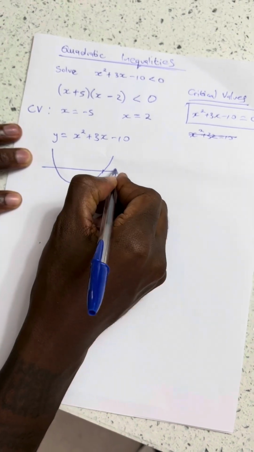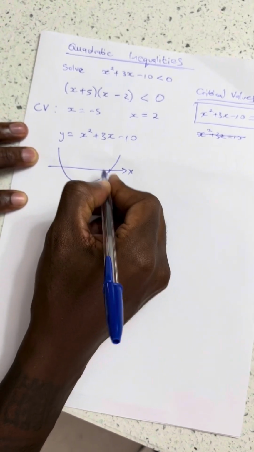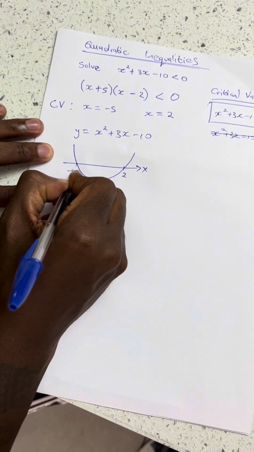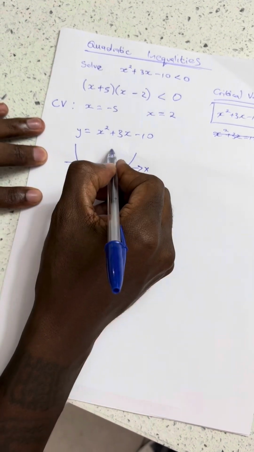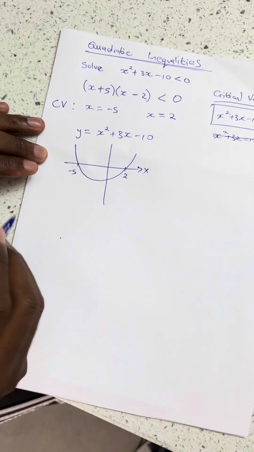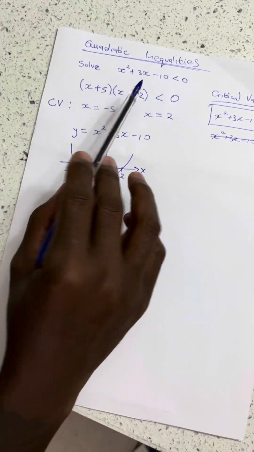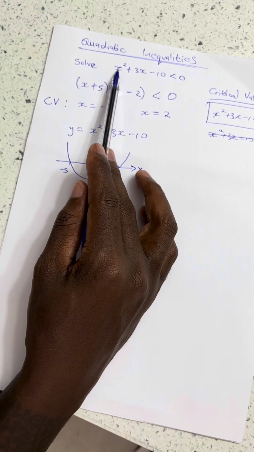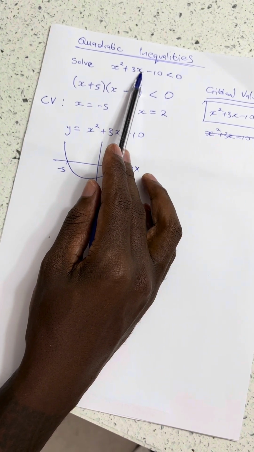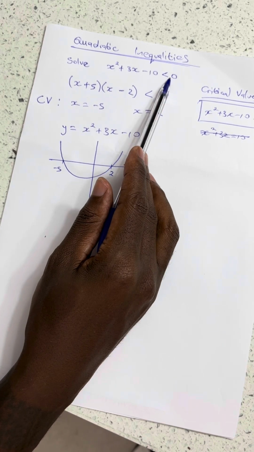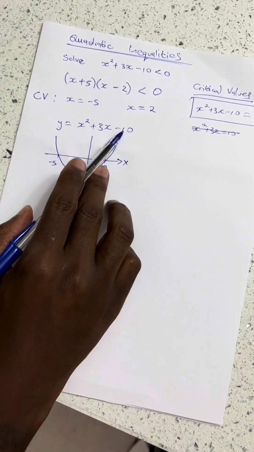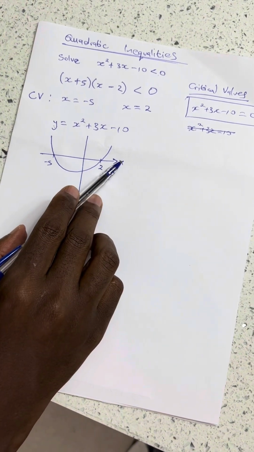It would cross the x-axis at positive 2 and negative 5, then we would have the y-axis somewhere in between. So what this question is basically asking is: where is x squared plus 3x minus 10 less than 0? When is this y below the x-axis?